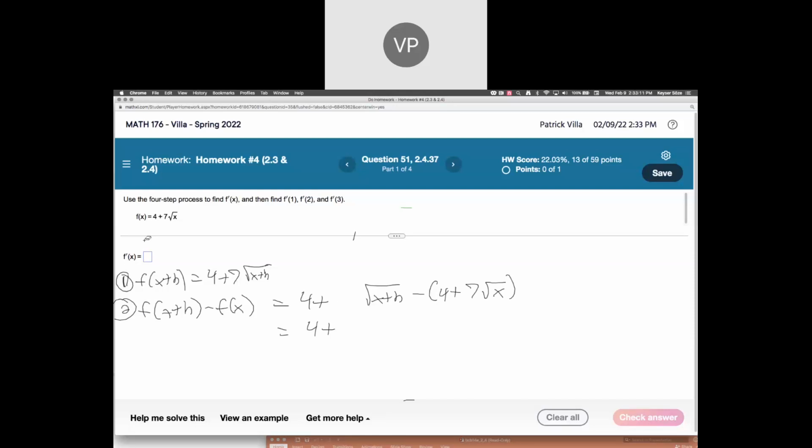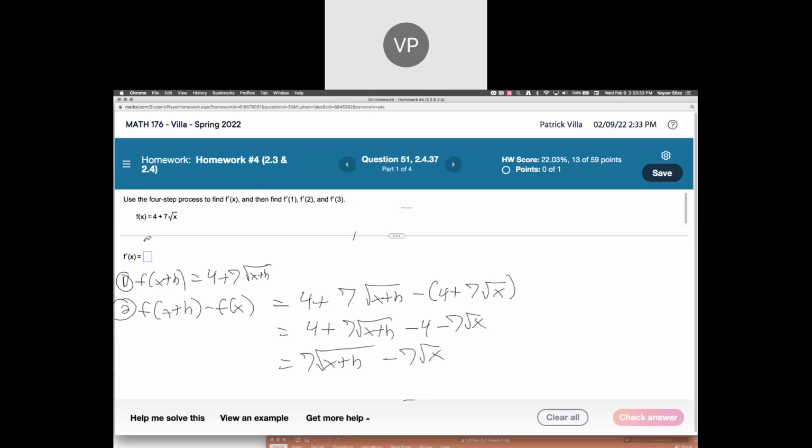That should be 7 times root of x plus h. So 4 plus 7 root x plus h minus 4 minus 7 root x. The 4's cancel off, so we actually just have 7 root x plus h minus 7 root of x. That's it for step 2.